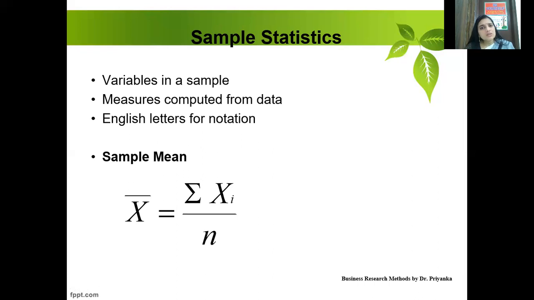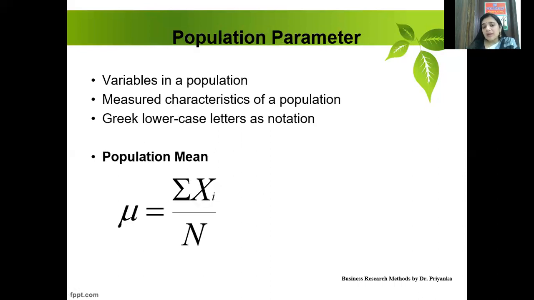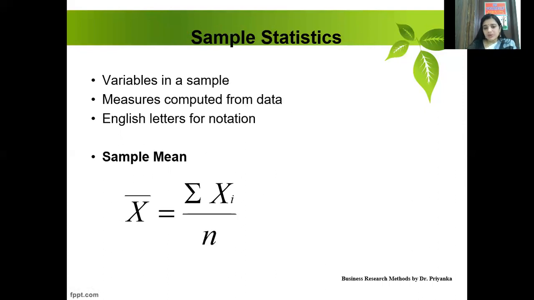We generally call it an average, but here we'll be calling it the sample mean. As the name suggests, mean, average, and this is the sample mean, that is equal to the observations of all the participants divided by the number of participants available in the sample. Here we are dividing by the number of people in the sample, and in the case of the population mean, we were dividing the same observations by the number of people available in the population. So this is the difference between these two.